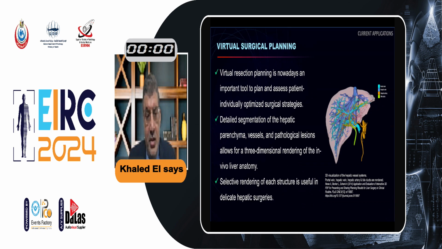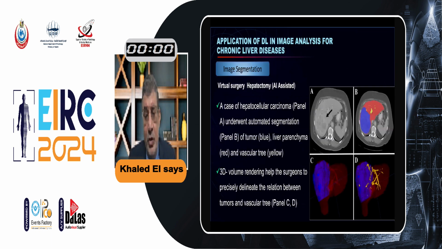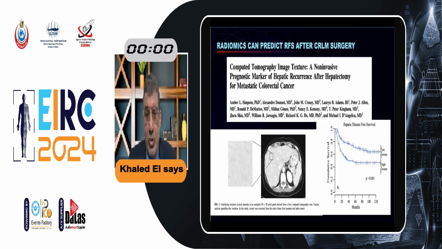You look at it and segment it to show the surgeon which vessel is involved and which is not. Here is the tumor, and here is the surrounding liver. You have the vessels here, and the surgeon can preoperatively assess the surgical resectability by obtaining the segmentation here, segmentectomy.